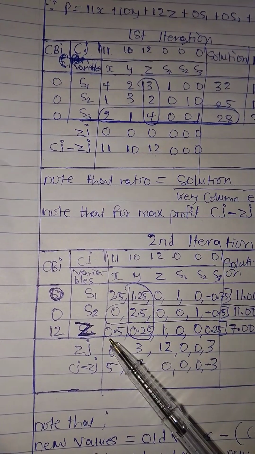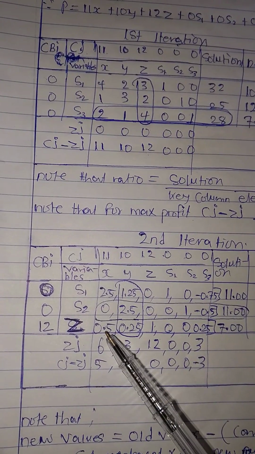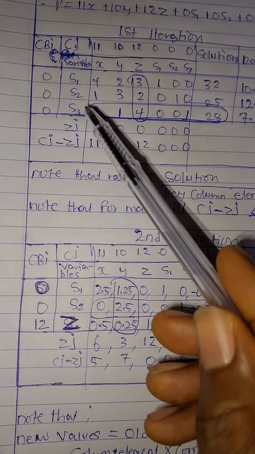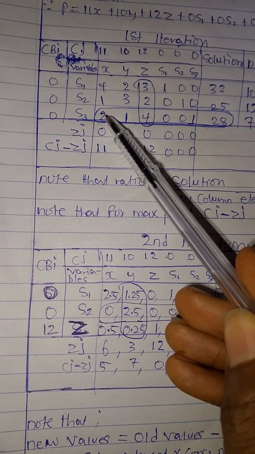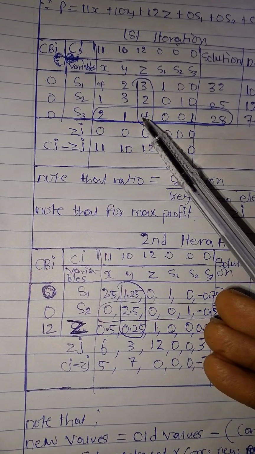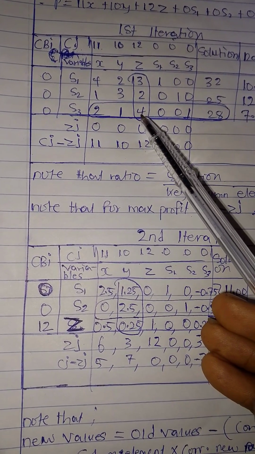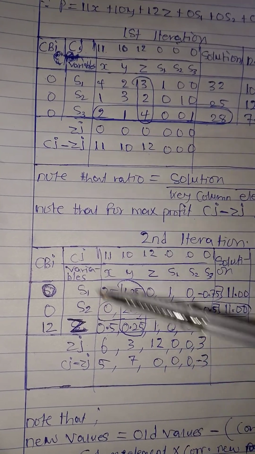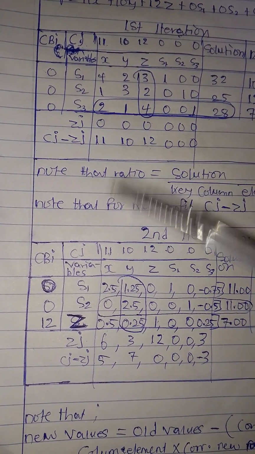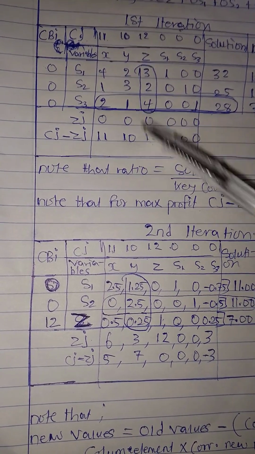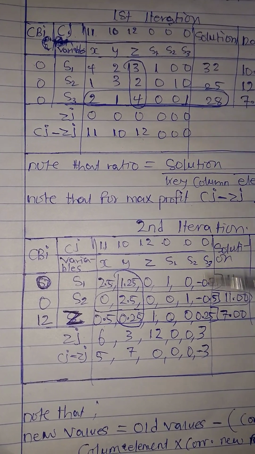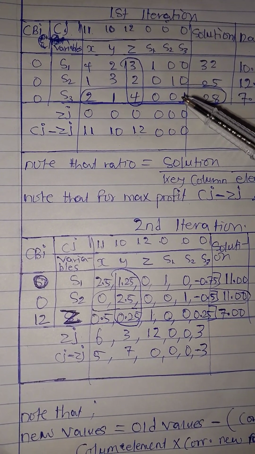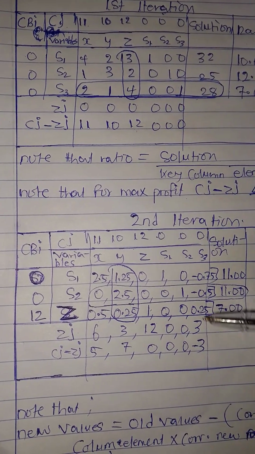Now, to find the values for this replaced row, divide each element by the key element. The key element here is 4. So 2 divided by 4 is 0.5. 1 divided by 4 is 0.25. 4 divided by 4 is 1. 0 divided by 4 is 0. 0 divided by 4 is 0. And 1 divided by 4 is 0.25.